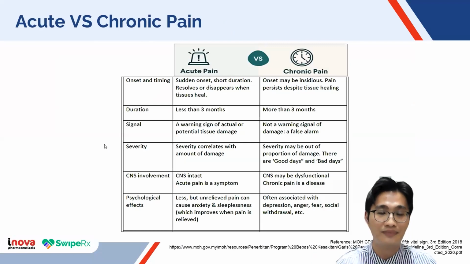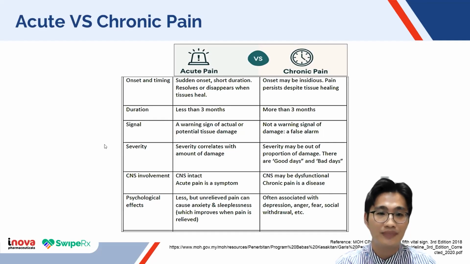Acute pain usually has sudden onset and short duration, and it resolves when the tissue heals, while chronic pain will persist despite the tissue healing. So acute pain is less than 3 months, chronic pain more than 3 months. For acute pain, there is a warning sign of potential tissue damage, while for chronic pain, there is no warning sign. It could be a false alarm.